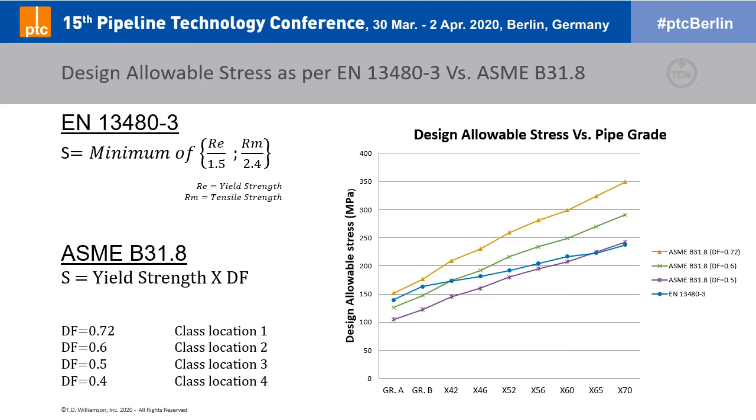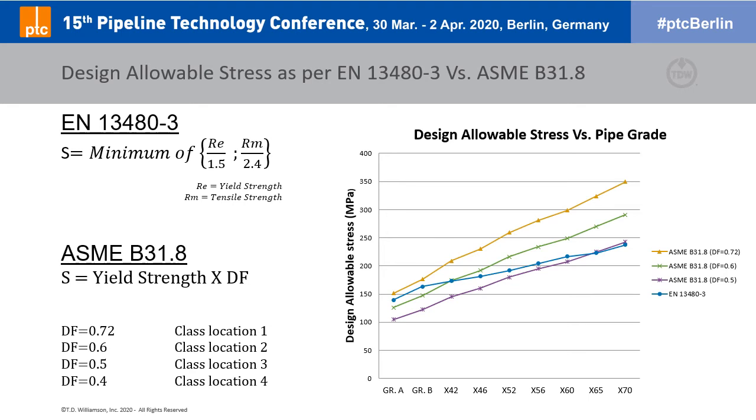In ASME B31.8, the allowable is calculated only with the yield strength multiplied by a design factor that can vary from 0.72 to 0.4 depending on the location of the pipeline. These two approaches have a significant impact, as you can see on the graph, with the blue line representing the evolution of the allowable according to EN 13480 for various pipeline grades compared to the allowable for various design factors using ASME B31.8 calculation.